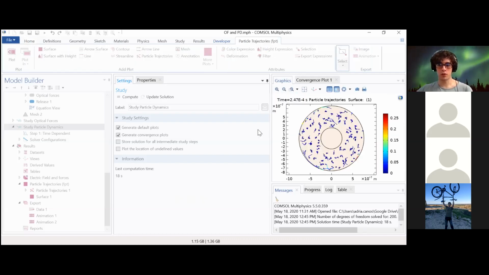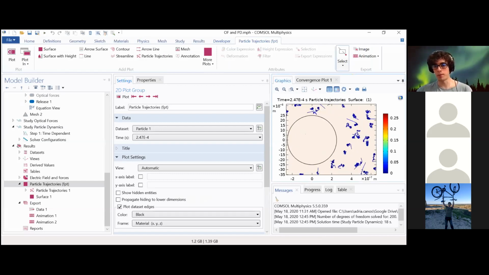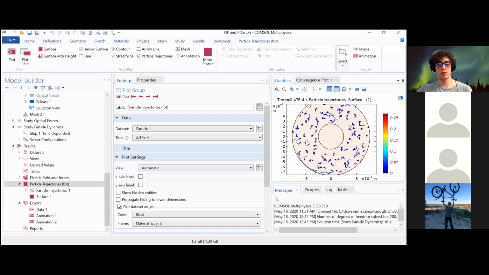So as you see, in this case the behavior of the particles is very random, which basically indicates that you only have Brownian motion moving the particles around the system.